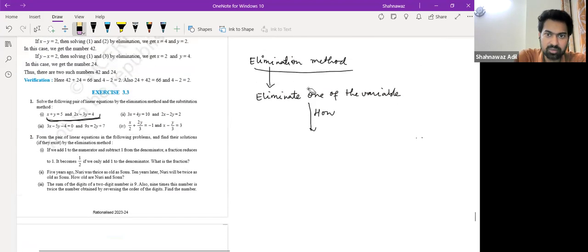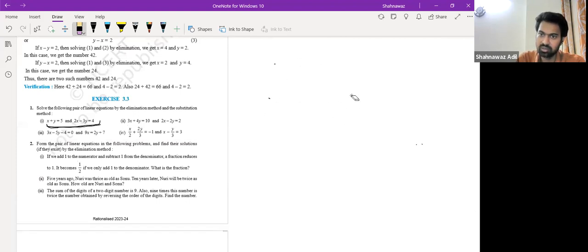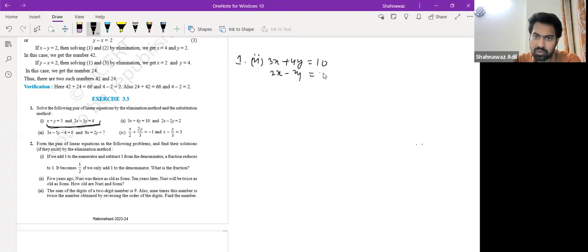Okay. So let us do this second problem. And this is your turn, right? Yes, sir. 3x plus 4y equals 10 and 2x minus 2y equals 2. So what should we multiply? This equation we should multiply, right?